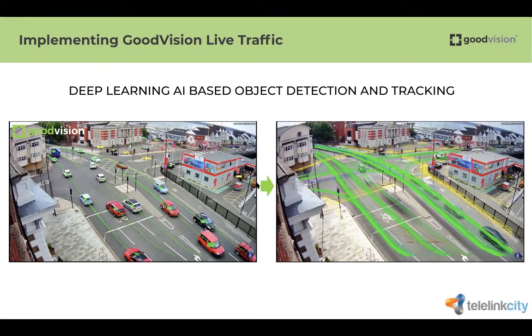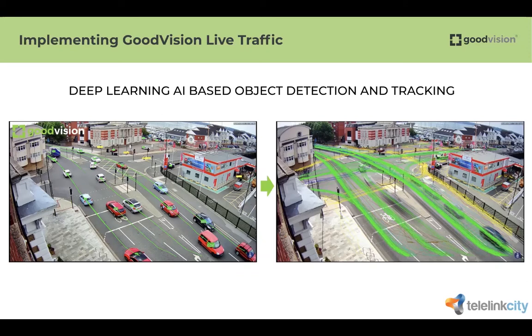And yeah, this is why we decided to look for something better and something that can increase the accuracy of the detection and the quality of the data that we get. So the GoodVision Live Traffic actually uses deep learning based object detection and tracking. The algorithm detects each object and calculates its central point or centroid, let's say.